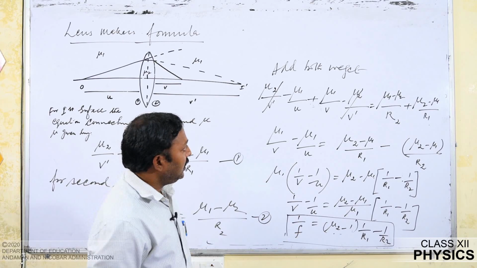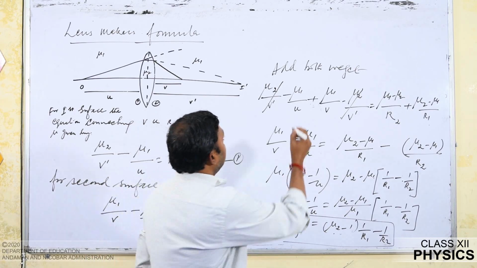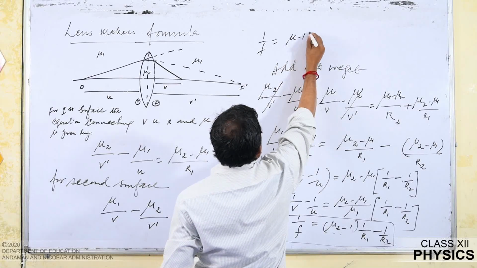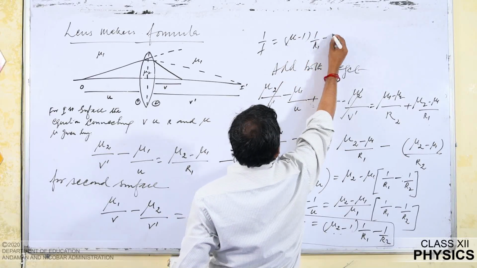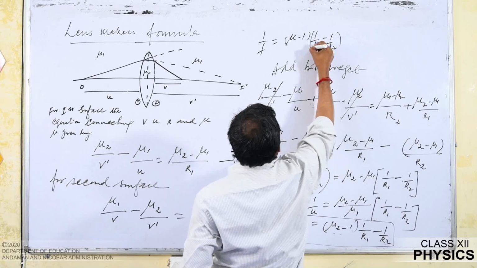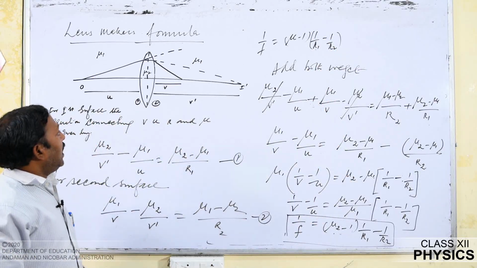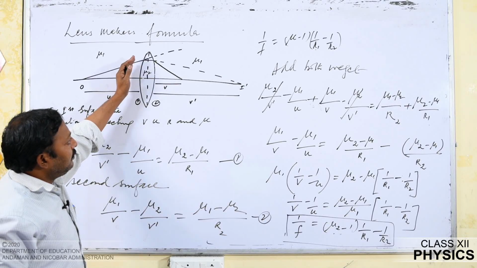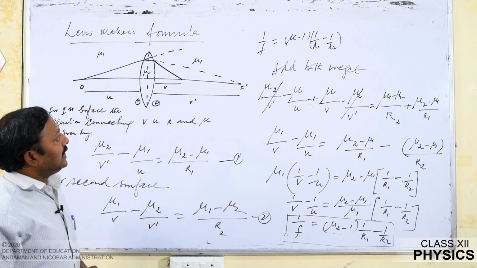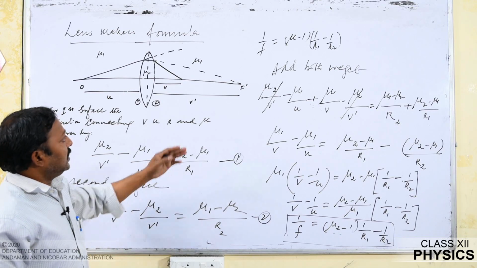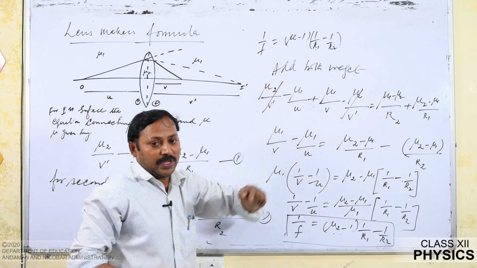So mu 2 can be written as mu, and the expression becomes 1 by f is equal to mu minus 1 times 1 by R1 minus 1 by R2. This equation is called the lens maker formula, which is used to carve out the lens to introduce the required curvature according to the requirement for the focal length. R1 and R2 can be changed.